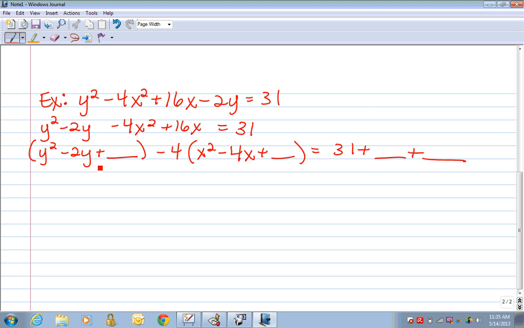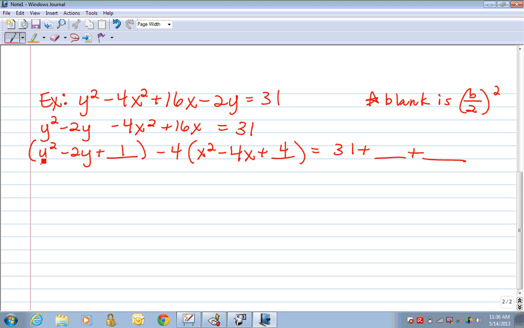The blank, remember, is b over 2 quantity squared. I'll put that as a little note. So half of -2 is -1, squared is 1. And half of -4 is -2, squared is 4.